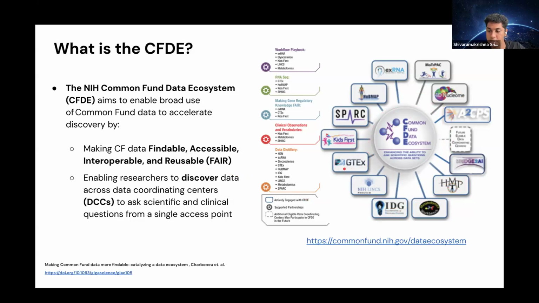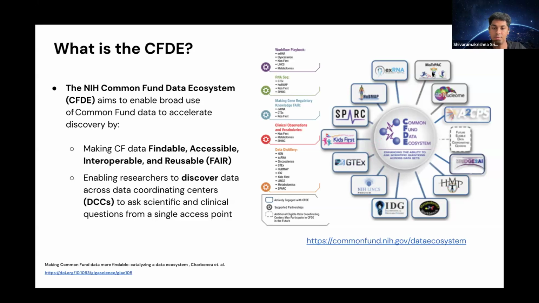GTEx, on the other hand, provides tissue and cell-specific gene expression data. And MoTrPAC provides other forms of data that are primarily useful for understanding the effects of physical activity and exercise in humans.